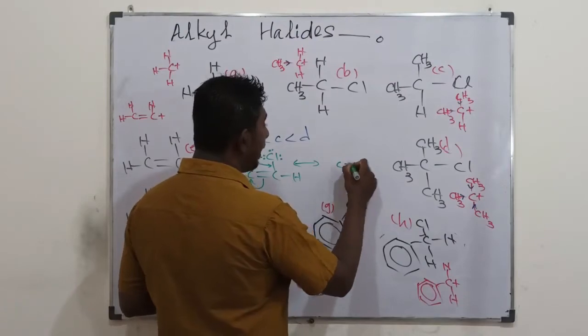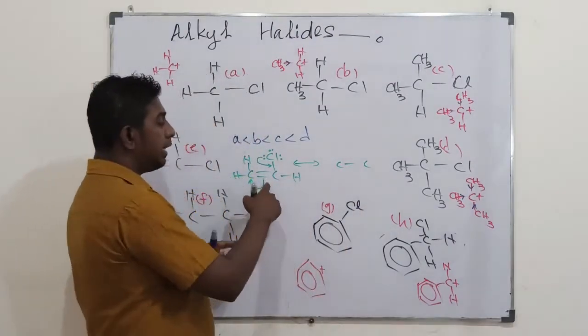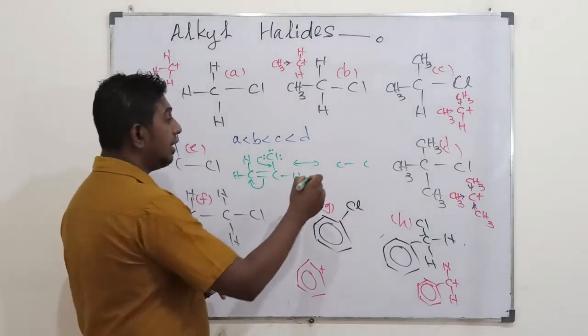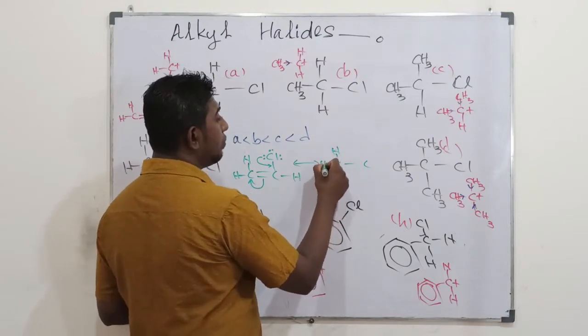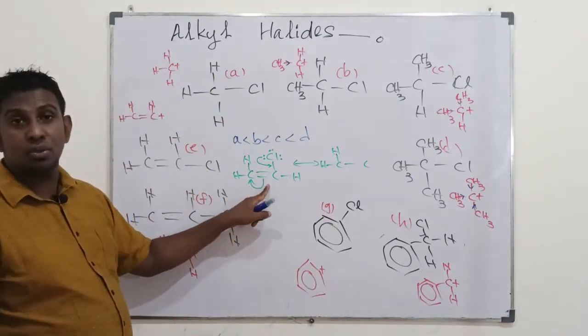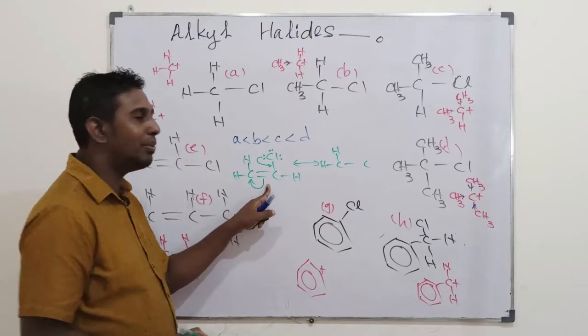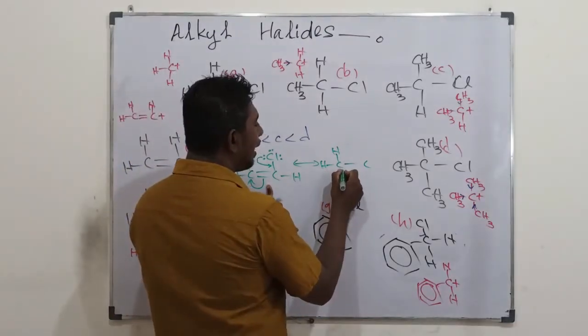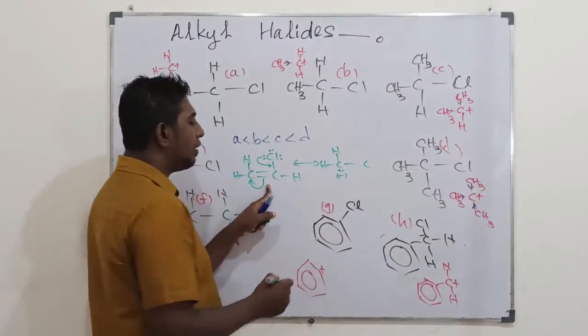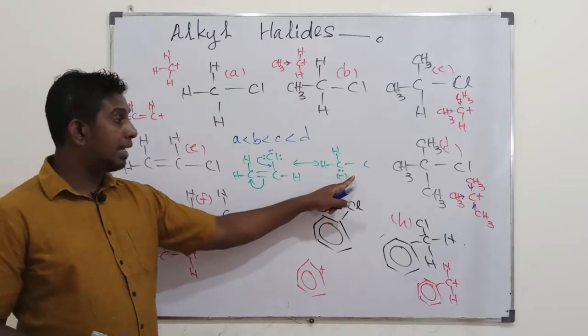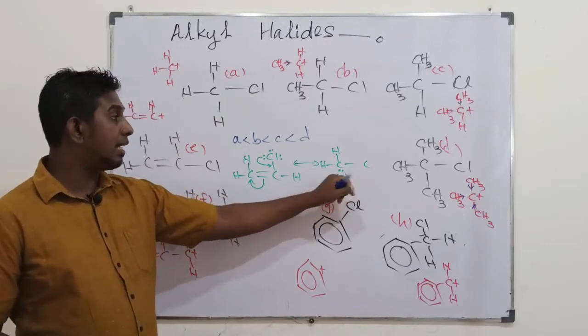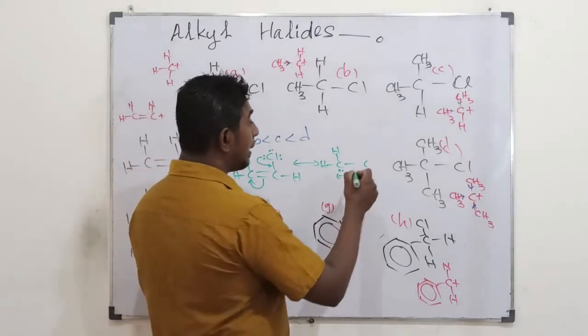So what you get next is, now the pi bond here is no longer existing. You have these 2 H's, and these 2 electrons that were in the pi bond are now on this carbon. It's negatively charged now with the additional electron given by this carbon that was in the pi bond.